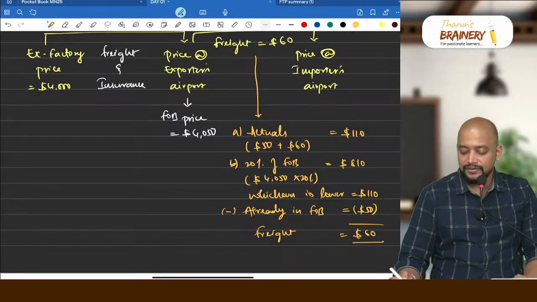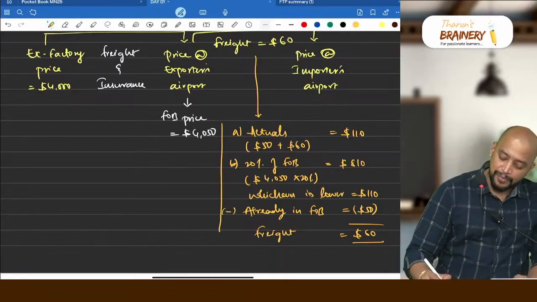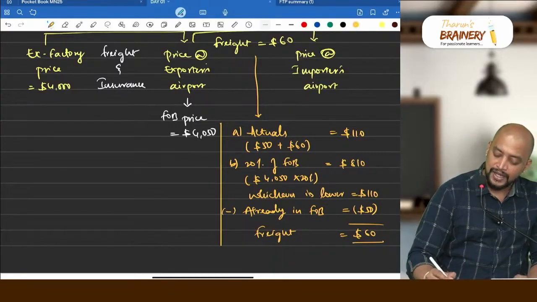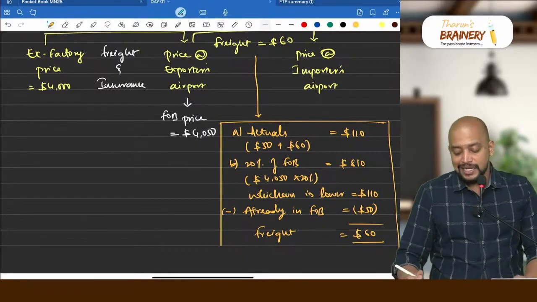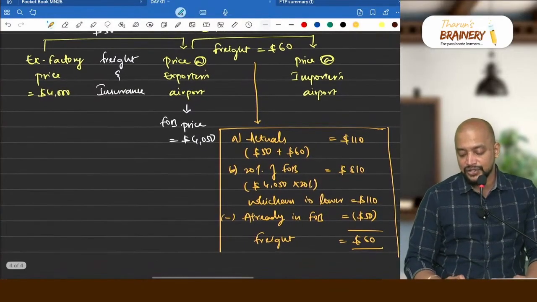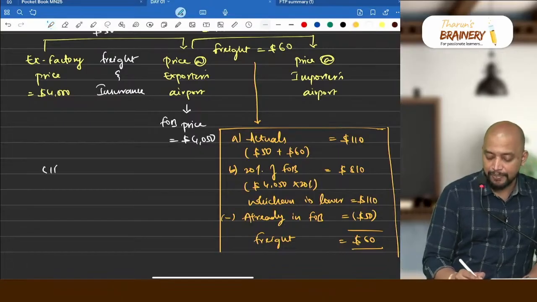So we will be taking freight as 60, the actual itself. Sir, can we directly take actuals always? No. Sometimes the 20% of FOB will be less than this. The 20% of FOB may be less than this. Then in that case it will change. And what should be taken as the assessable value or CIF price?